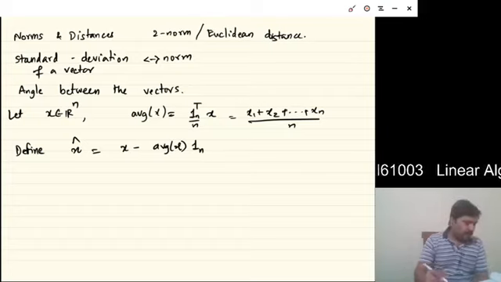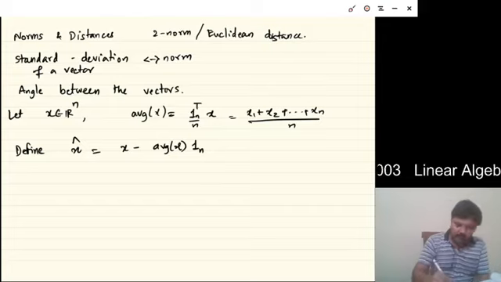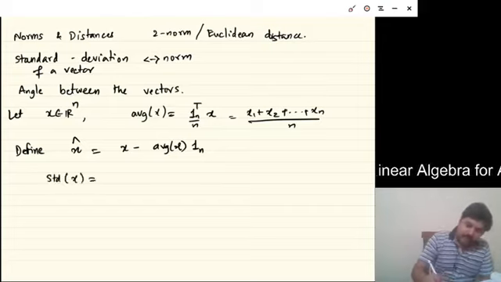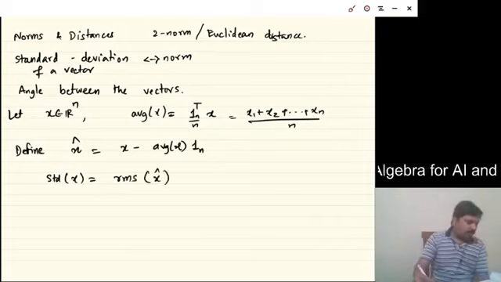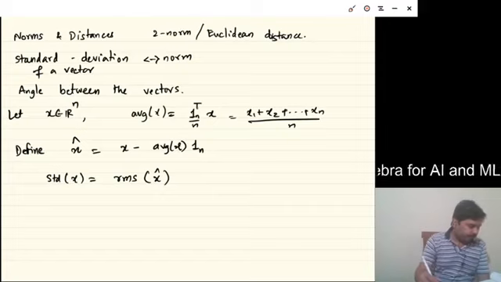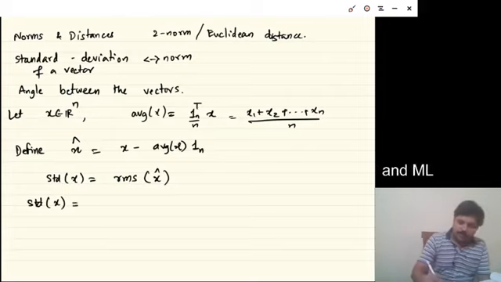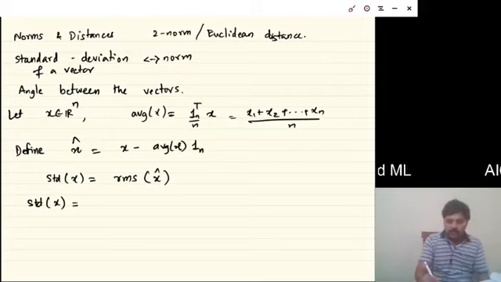That RMS value of x hat is nothing but the standard deviation of x. So standard deviation of x is nothing but the RMS value of x hat. So how do I define standard deviation of x then? The definition of standard deviation of x is RMS of x hat.